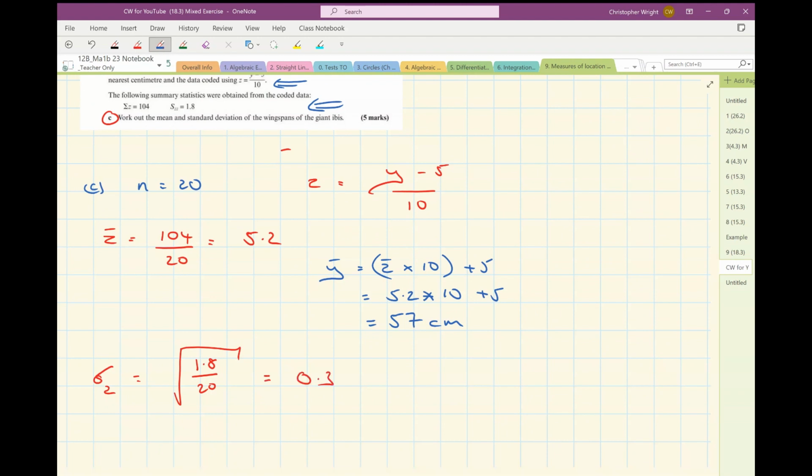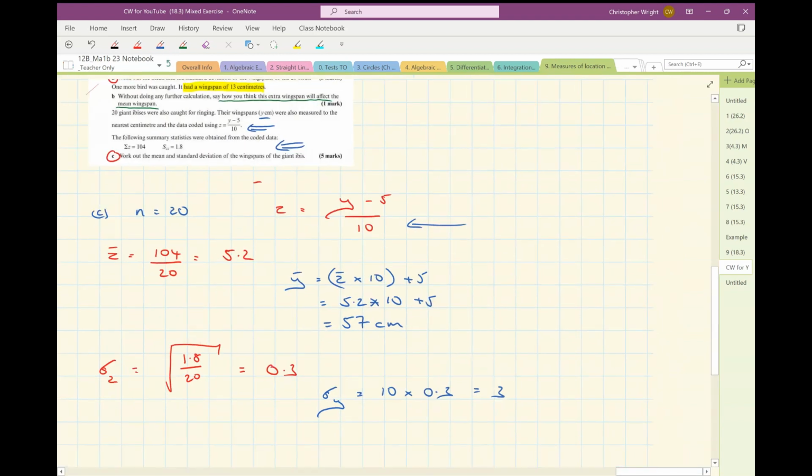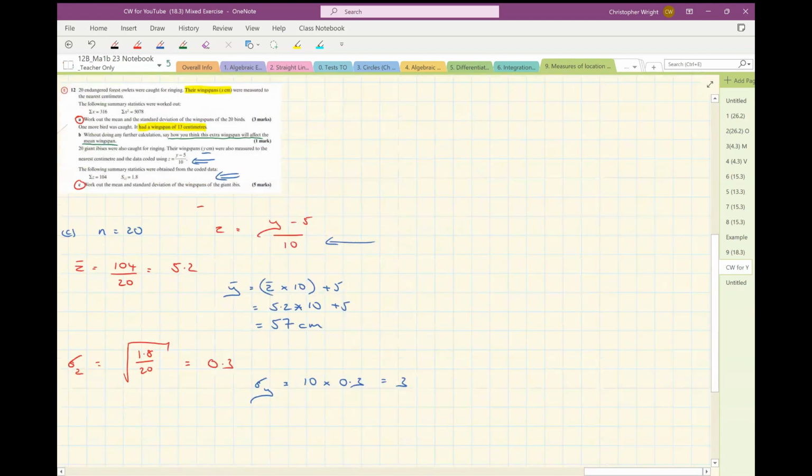So now in blue, what will the standard deviation of Y be? Well, Y has been made a factor of 10 times smaller by the coding. So the standard deviation of Y will be 10 times larger than the standard deviation of Z, giving me a standard deviation for Y of 3. And that is question 12 complete.